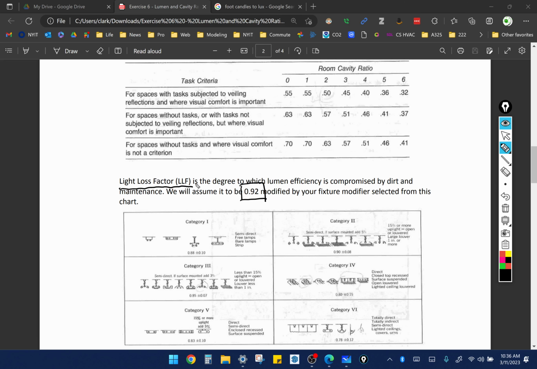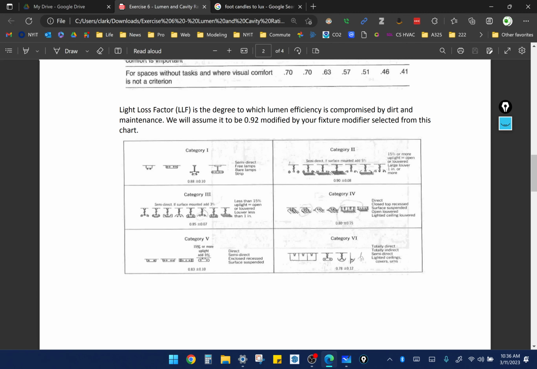Then, in a very simple step, we've got 6 different categories to find in this chart, and they describe different types of situations that the lights are in, both in the room and also how they are directing the light.